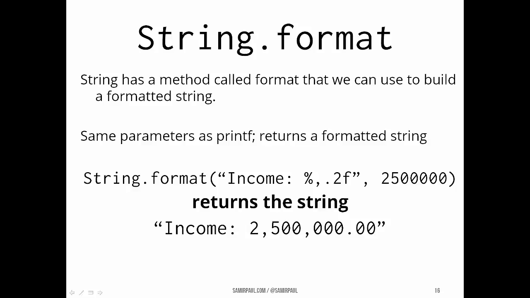So the example here is, if we do String.format income %,.2f, that means give me a right justified number with comma separations, no specified number of columns, but 2 digits of precision for this floating point number. It's going to take this number, which is 2,500,000, and it'll return this string formatted nicely for us. That can be helpful if you don't necessarily want to use System.out.printf. You can format the string, stick it into a regular old string variable, and then print it or println it just the way you would like.